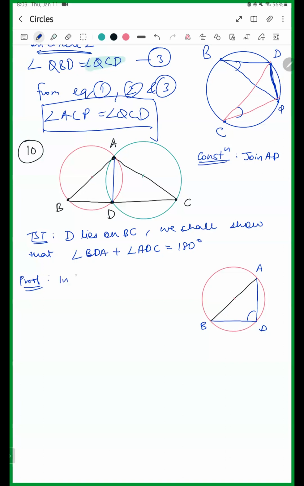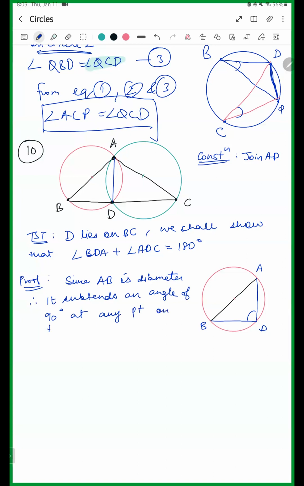So, in the first circle, since AB is diameter, therefore it subtends an angle of 90 degrees at any point on the circle, right?